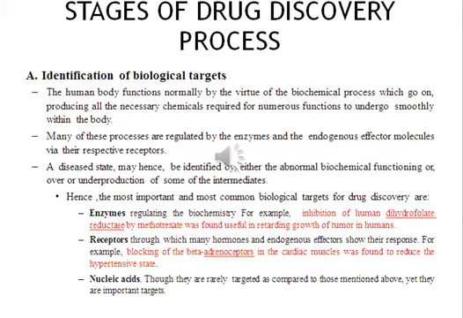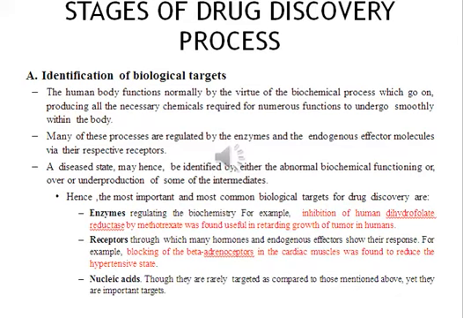functions by means of different biochemical processes which are going on inside the human body, right? And as you know, all of these biochemical processes require certain chemicals, right? And most of these chemicals are available inside our body, right? And these chemicals and these biochemical processes are maintained and regulated by means of enzymes and some endogenous factor molecules via their receptors, right?